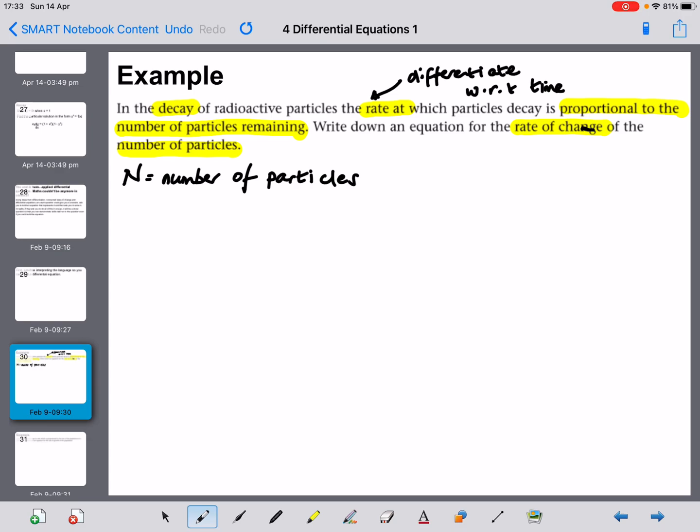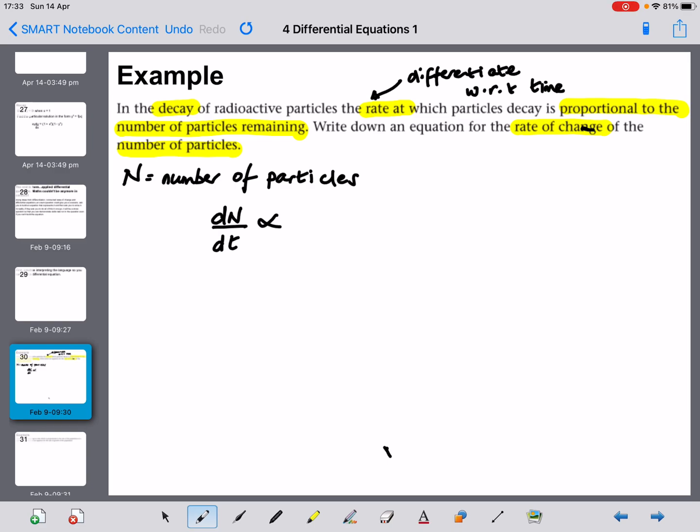It says, in the decay of radioactive particles, the rate at which the particles decay is proportional to the number of particles remaining. So the rate of change of the number of particles, I can call dn by dt. So that is the rate of change of the number of particles, and it says that is proportional.